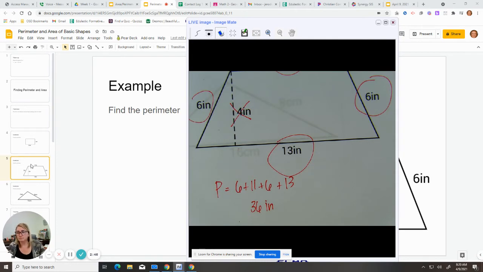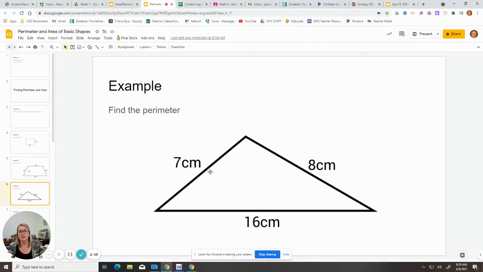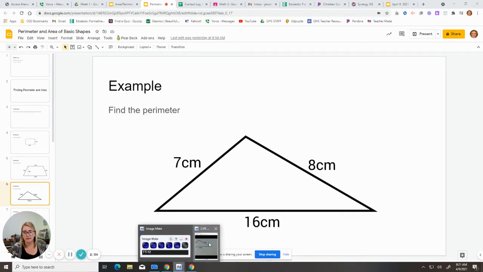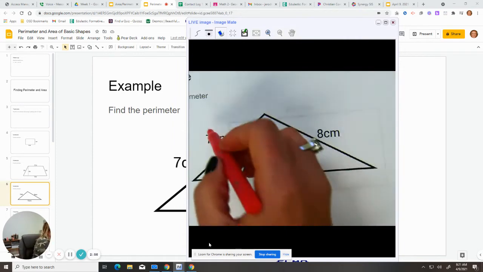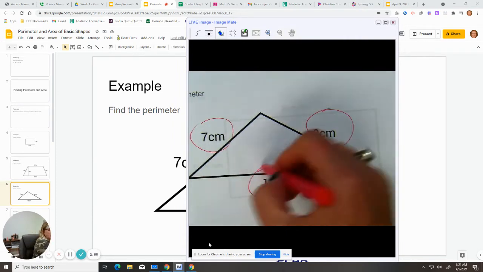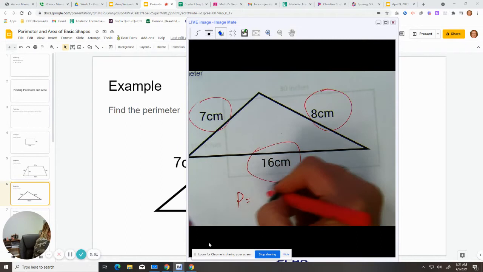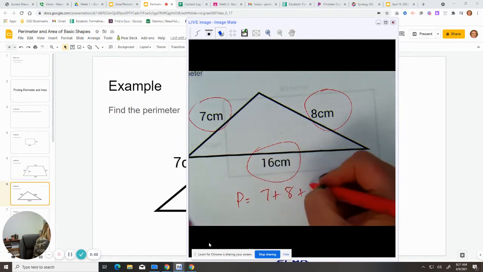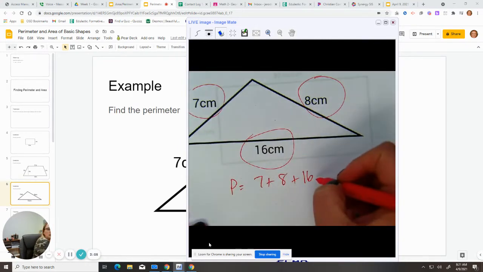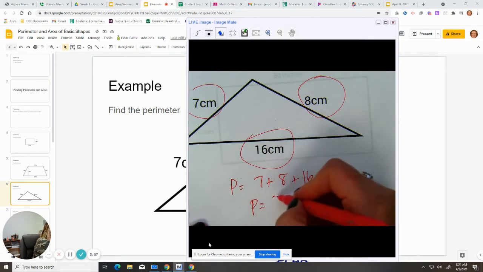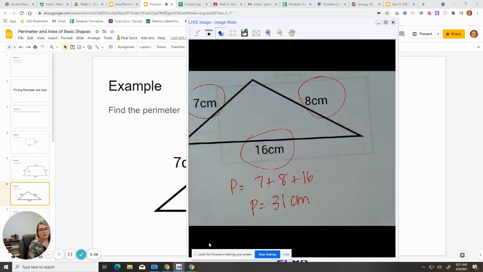Okay. And then lastly, a triangle. Again, a triangle, we're just going to be adding up our sides. So in this case, we would just add the 3 of them and say that our perimeter is 7 plus 8 plus 16. So 15 plus 16 is 31.